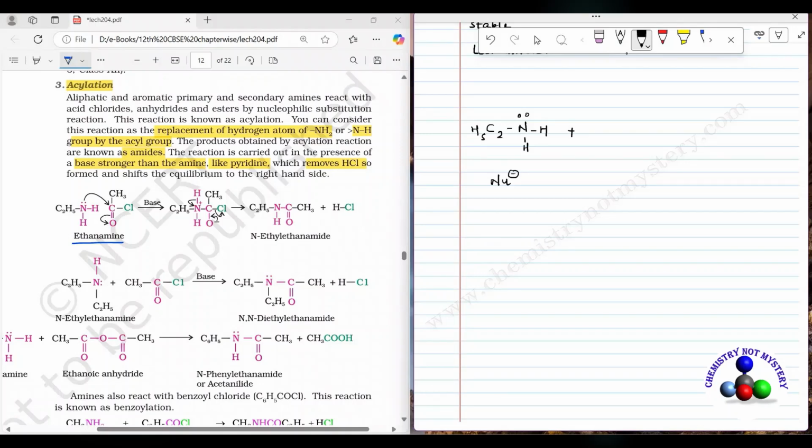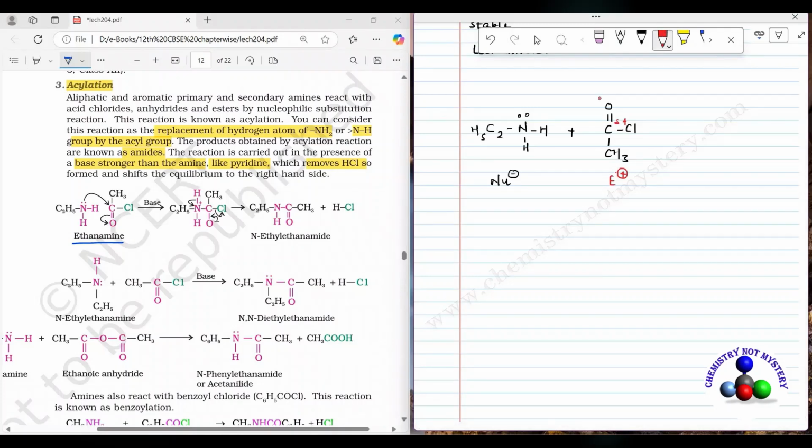So here this is C double bond O Cl and on the other side it is bonded with CH3. So as this carbonyl carbon is electron deficient carbon, so this carbonyl carbon will act as an electrophile.